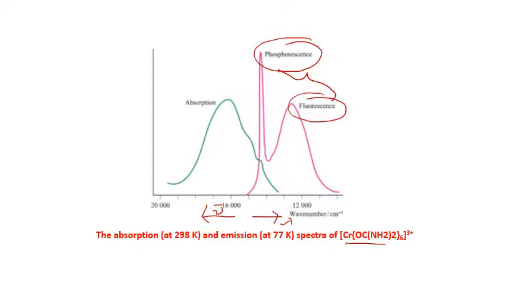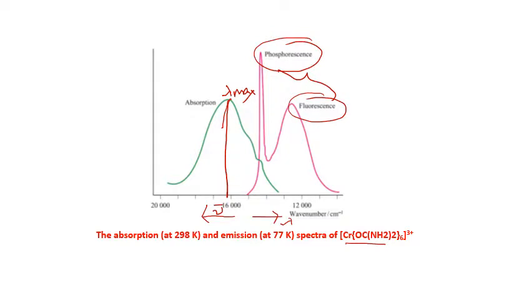In a typical fluorescence experiment, the absorption spectrum is first recorded. When you know the absorption spectrum, this is the lambda max, the absorption maximum, so you need to know this lambda max value.